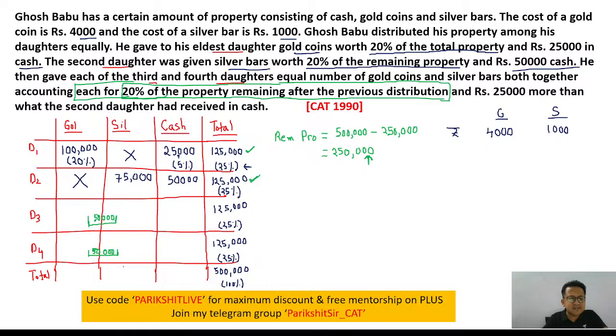Someone might say, sir, is it 25,000 each? No, it's not 25,000 each. Why? Because the question clearly says the money is not equal. What is equal is the equal number of gold and silver bars. Remember, the price of gold and silver is different. So equal number doesn't mean money-wise it's going to be equal.